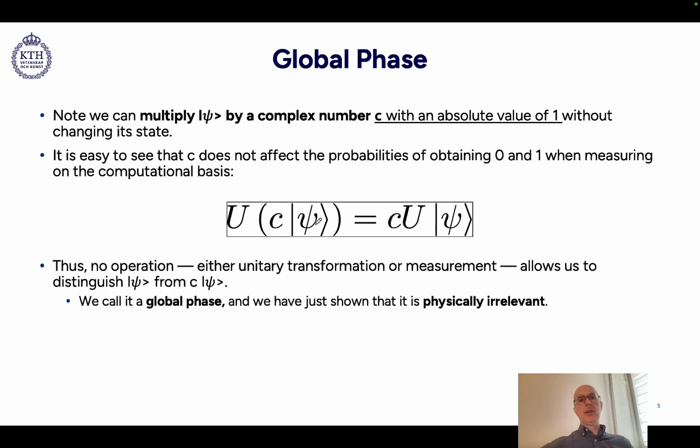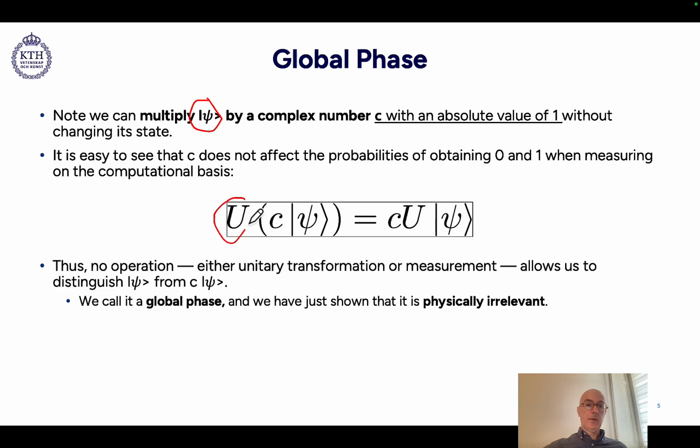Let me say a few words about an interesting fact about quantum states. Whenever we have a quantum state psi and we multiply it by a complex number c with an absolute value of 1, this happens without changing the state psi. You can see this from the linearity of any quantum transformation.